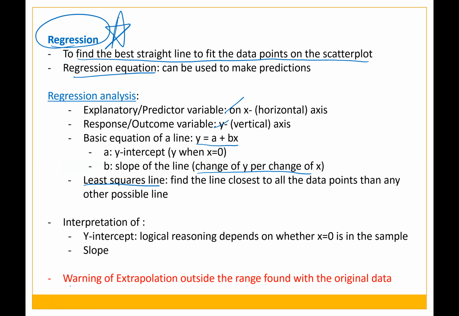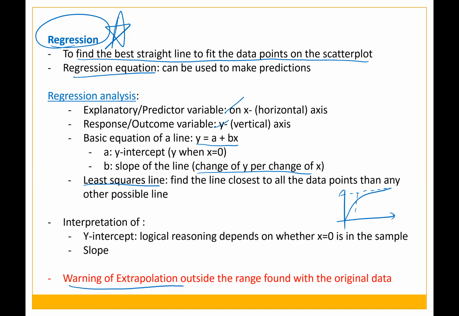And the warning of extrapolation. This is not just in statistics, but in any form of science that uses statistics or linear regression as the model to build their relationship. Extrapolation might always be a problem. Say when we talk about an isotope, at first the absorption is really fast and then it levels down, which is when it reaches saturation.